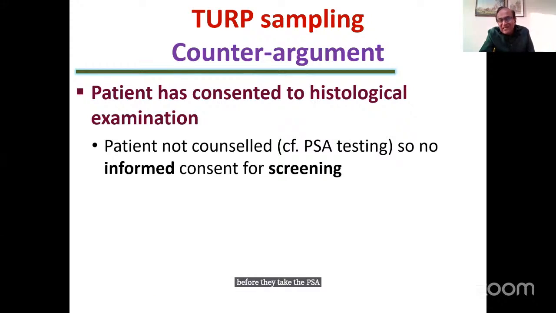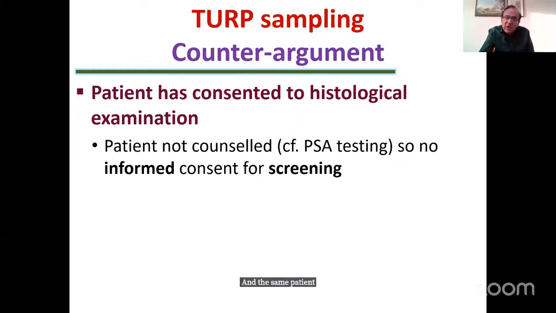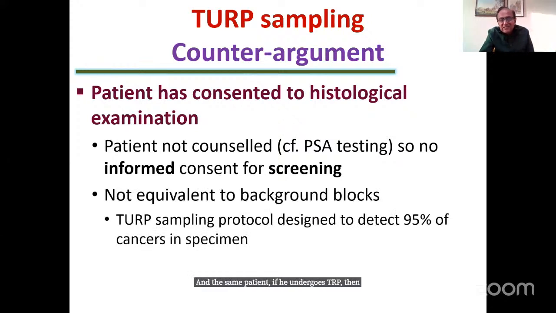So you can't do a PSA test without informed consent, which requires counseling. Similarly, patients with TURP have not been counseled about whether they want to be screened for cancer. And you've got this extreme situation where a patient has refused PSA testing, and the same patient, if he undergoes TURP, then gets screened for incidental cancer.